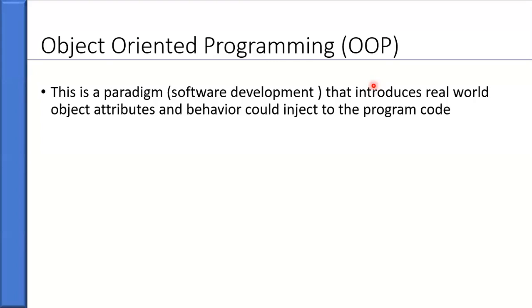Right? This cat has mainly two things. First, there are some attributes. What are the attributes? This specific object can be explained by these attributes. Right? I will give an example.